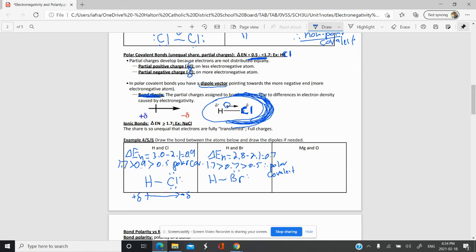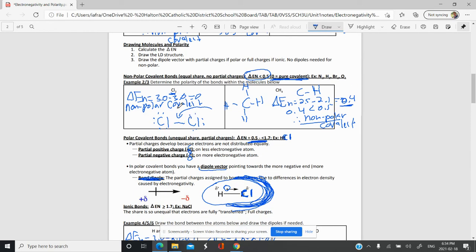And so we would have to draw out the dipole vector again, and you could predict where it's going to go: towards the more electronegative atom, which is the Br. Make sure you put your partial negative and your partial positive. So those are some examples of bonds within molecules. We found the bond within the Cl2 molecule was non-polar.